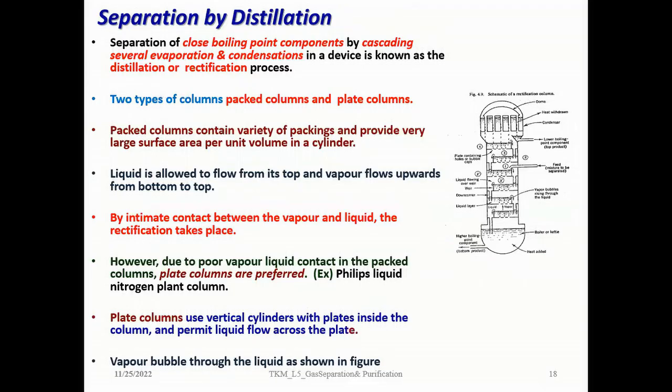Separation of close boiling point components by cascading several evaporations and condensations in a device is known as the rectification process. I will just explain this using this diagram once again.